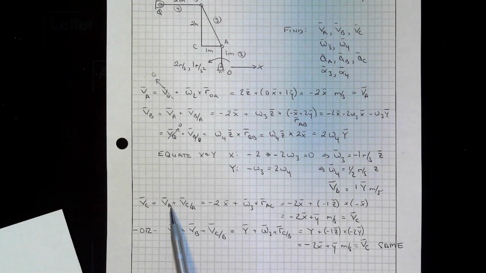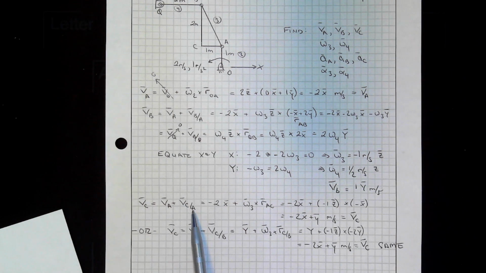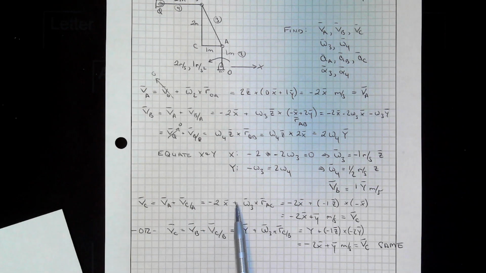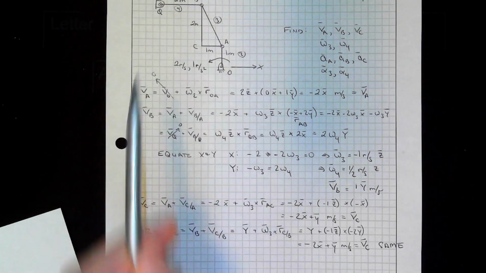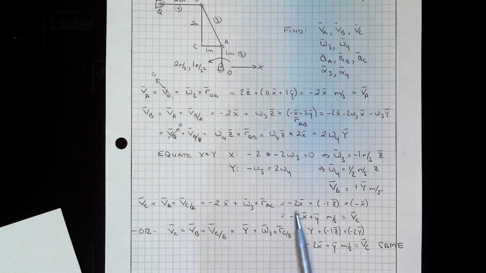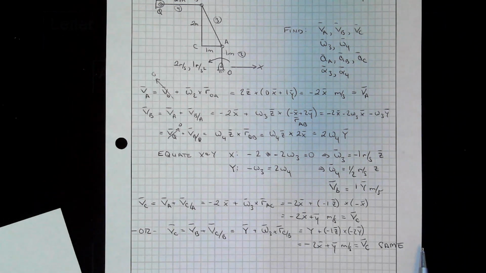I know VA, and I know all the parts of VC relative to A. VA was minus 2, plus, now it's omega 3, and then I have to go from A to C, so that's minus 1x. So I know all this. Here we have minus 2x plus minus z cross minus x, and that gives us VC.